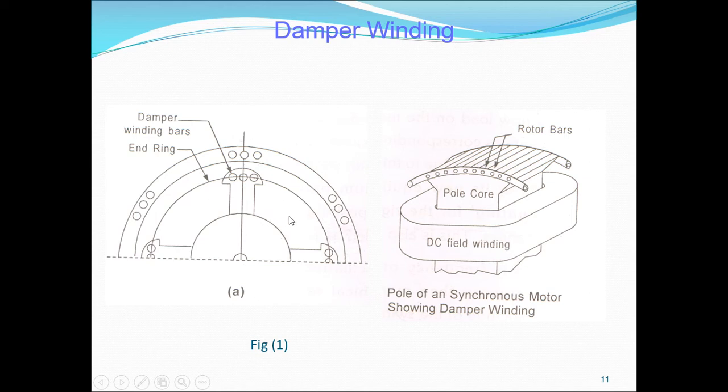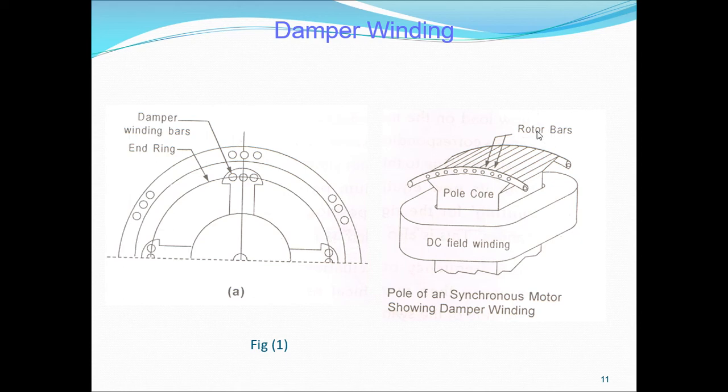This is the front view. This is the DC excitation which is there on the rotor pole. On the rotor shoe we have the rotor bars, and these copper or aluminum bars are short circuited with end rings.